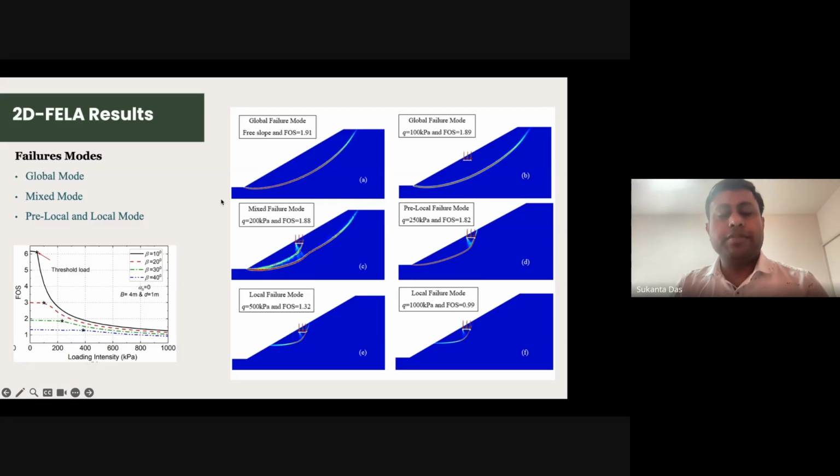So in 1997, Professor Paul from the Department of Earthquake Engineering first introduced the local problem and global problem. But after that, we again extended his concept in a different way, to see how the failure mechanism takes place when the building's load or foundation loads come onto the slopes.